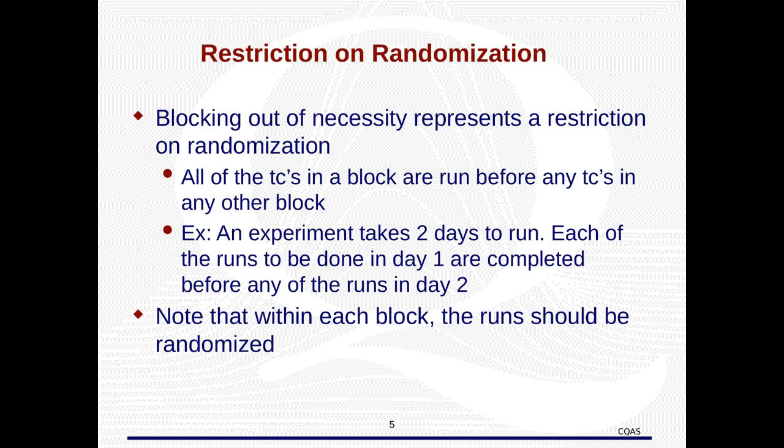This temporal constraint is a restriction on randomization. However, within each individual block, we maintain randomization of the treatment assignments. This hybrid approach balances practical necessity with statistical rigor, ensuring that block-to-block variability doesn't confound our treatment comparisons while still preserving randomization where it matters most.